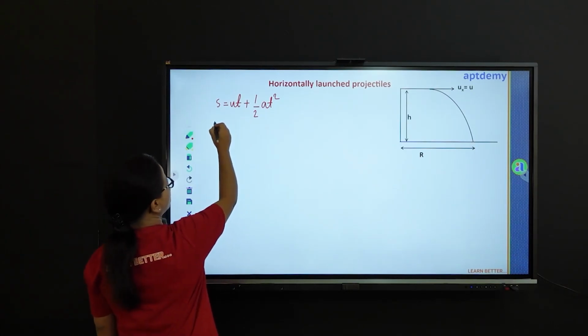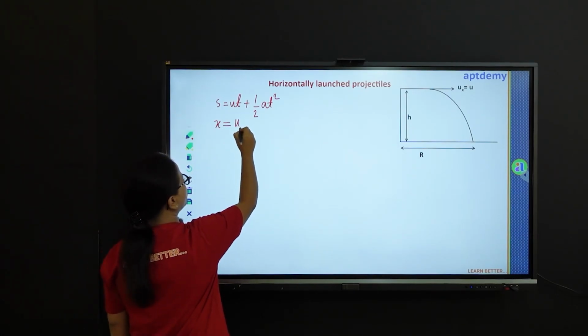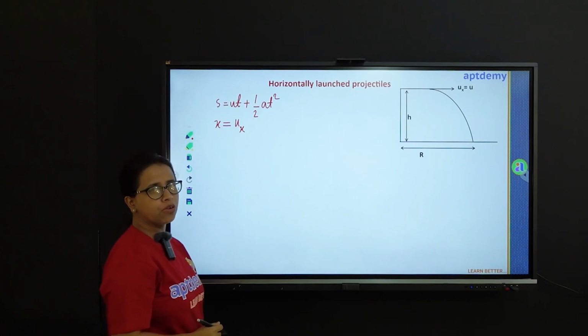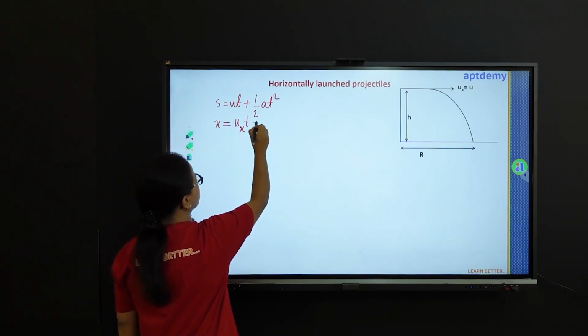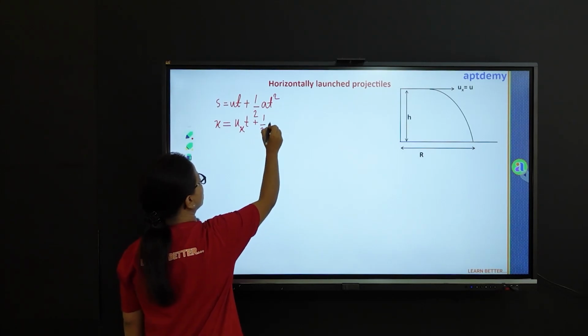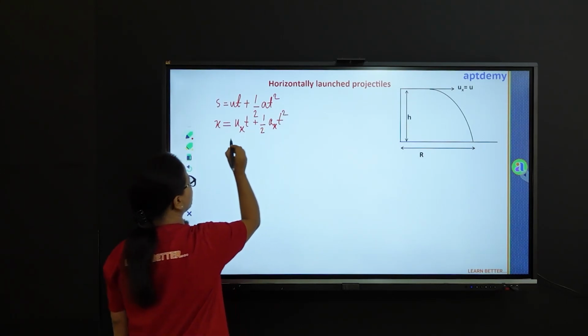So, the horizontal distance traversed by the horizontal projectile is given by s equal to ux, the horizontal component of the initial velocity, times the time, plus half the x component of acceleration and the time squared.